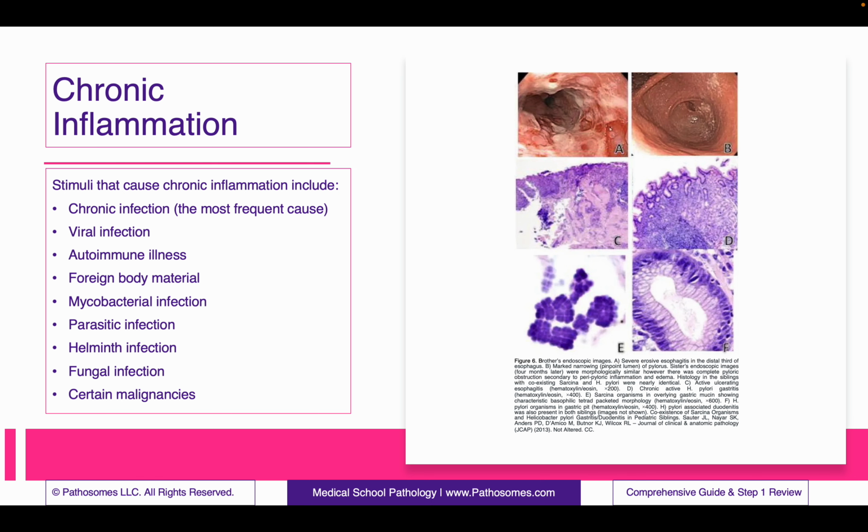Stimuli that cause chronic inflammation include chronic infection, viral infection, autoimmune illness, foreign body material, mycobacterial infection, parasitic infection, helminth infection or worms, fungal infection, and certain malignancies.